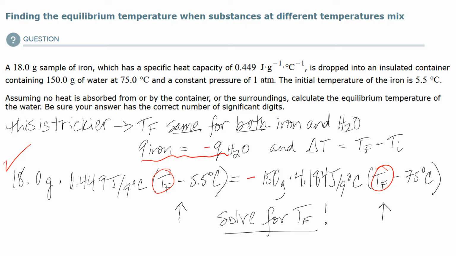What's more challenging about this problem is having to set up these equations simultaneously, remembering that one is the negative of the other, remembering that they're both going to come to an equilibrium temperature, and you can represent that in your separate equations, and so forth. Once again, once you get the hang of this, not so bad, but there are more than a few moving parts.